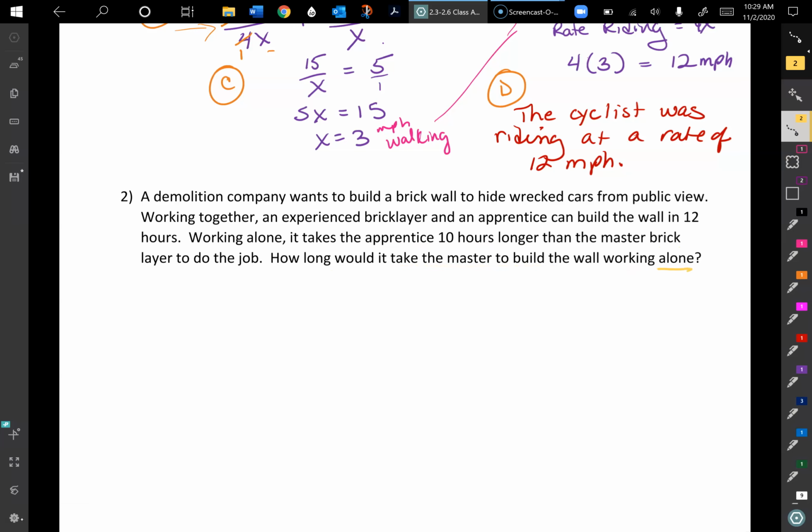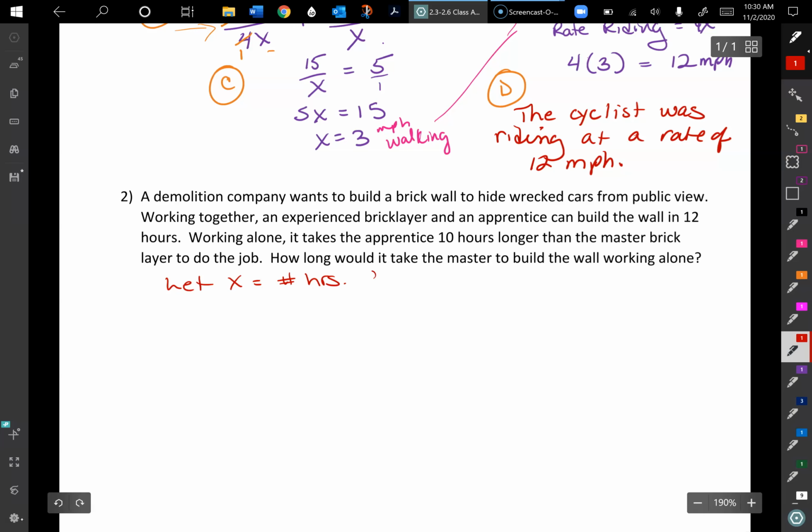So again, we know less information about the master, so we're going to call that x. So let x equal time. I think we want it in hours, so we could even say number of hours for master to complete.